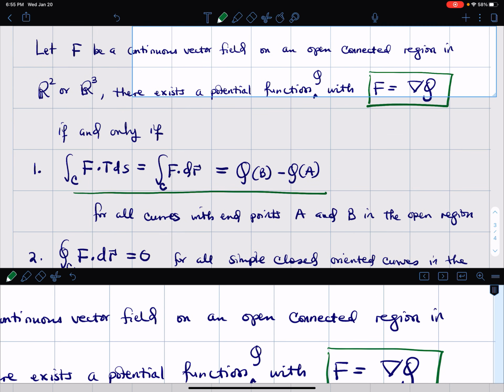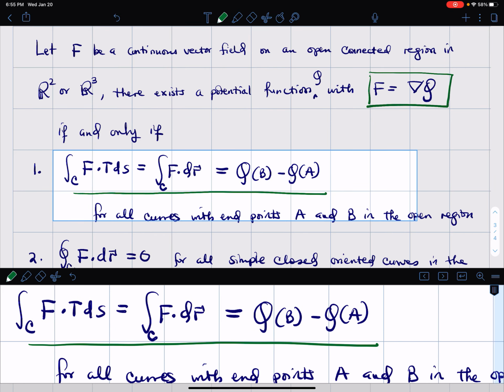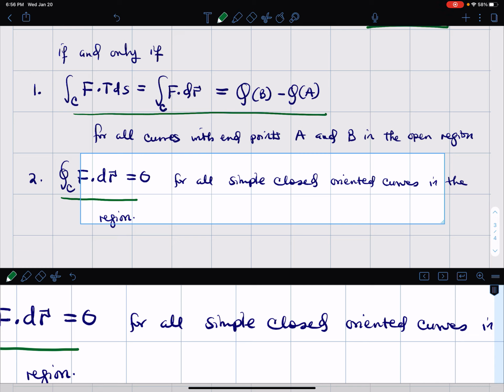In other words, another way to use this theorem is if you can show that F is conservative, then a quick way of computing this line integral is to just plug B and A into the potential function, right? And if your line integral is along a curve that is closed and oriented, then the line integral will be equal to 0.